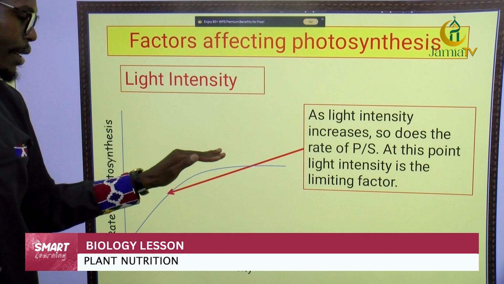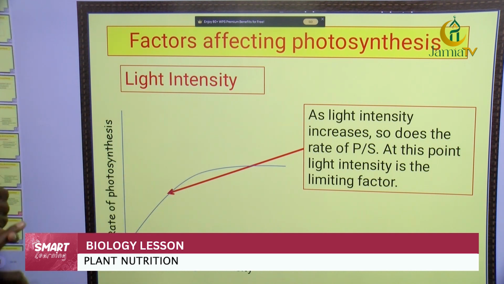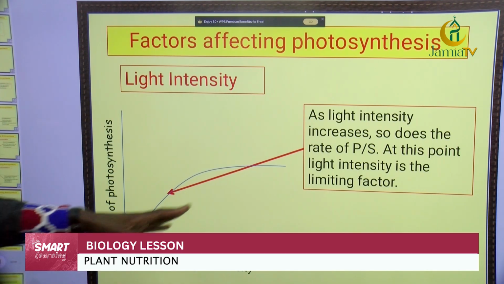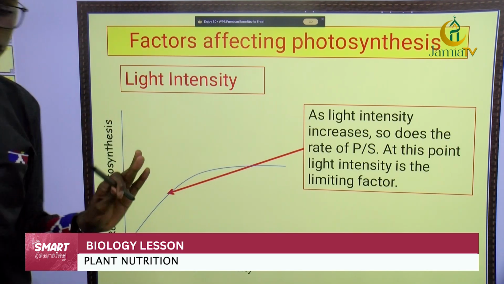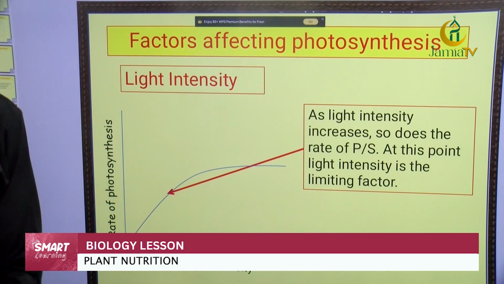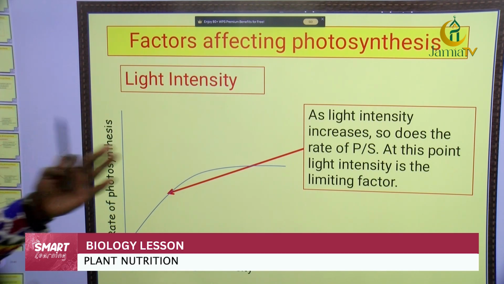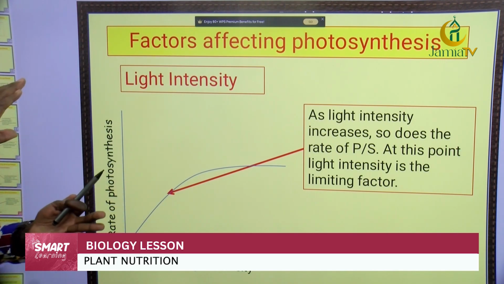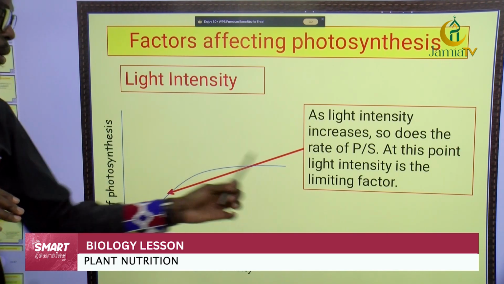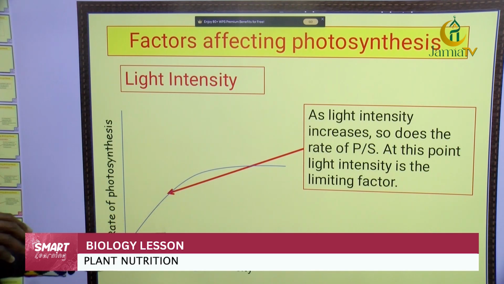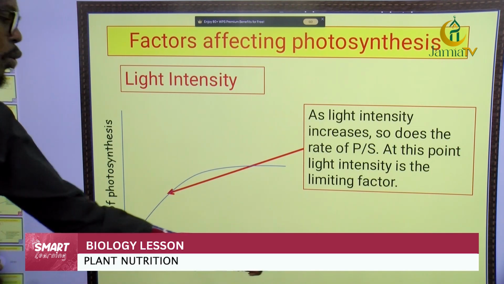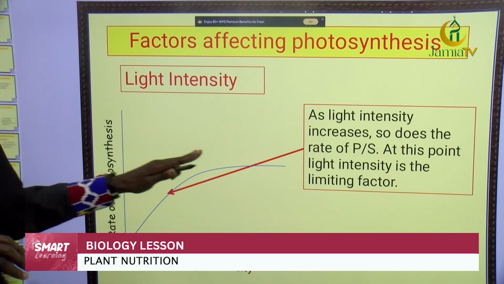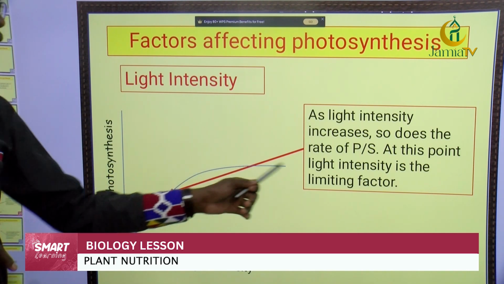Other factors like carbon dioxide concentration and temperature will become the limiting factor at this point. Limiting factor means they are at the required amount, so they are not exceeding at this point. Whatever level you increase the light intensity to, the rate of photosynthesis will not exceed this point.